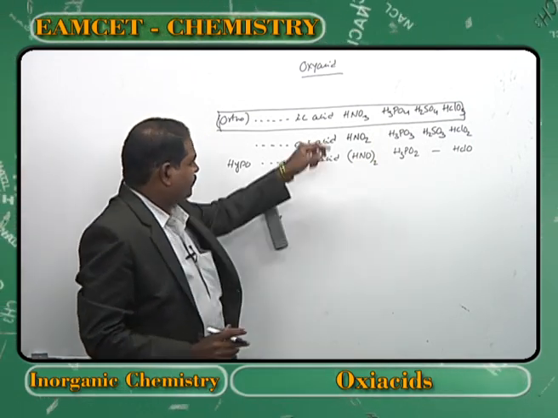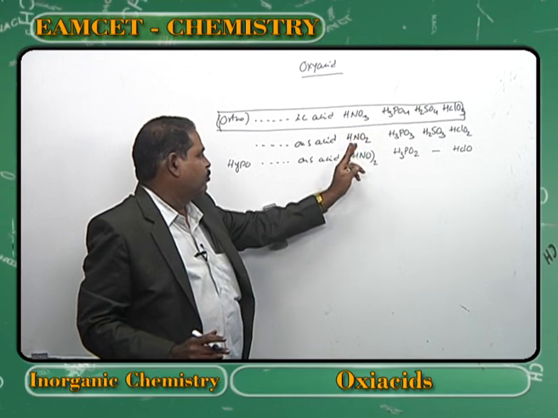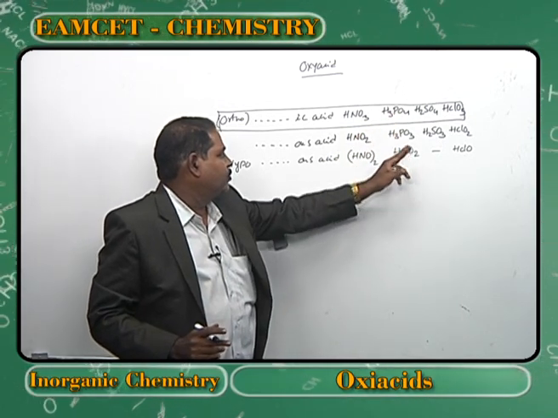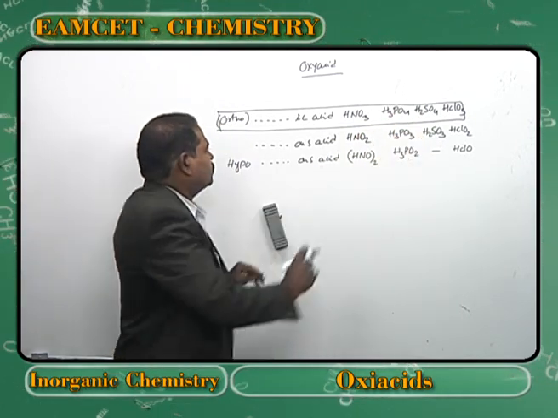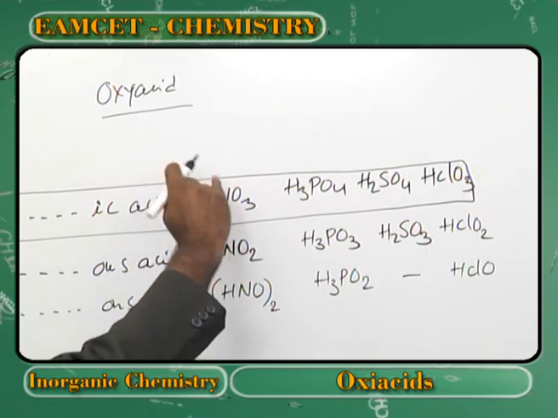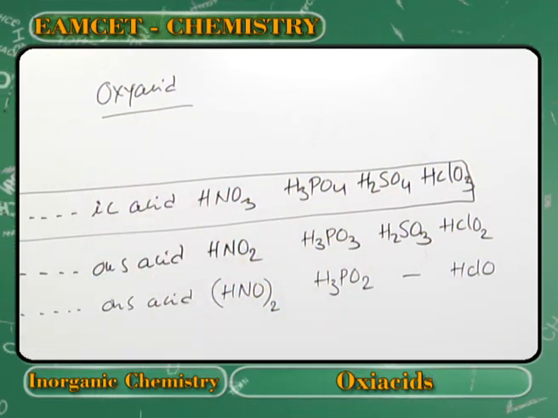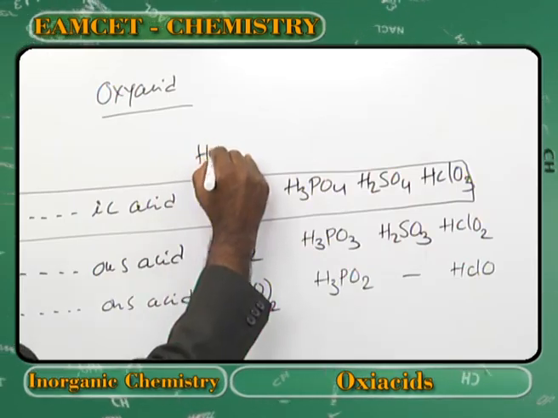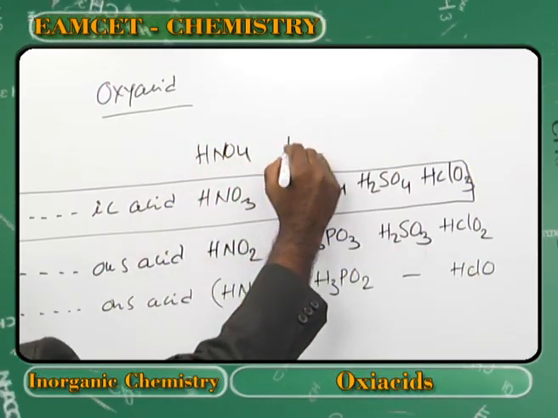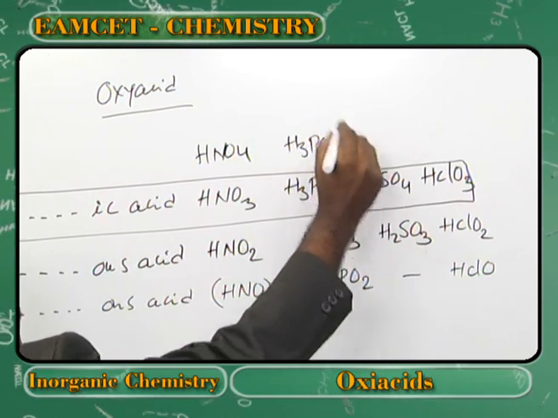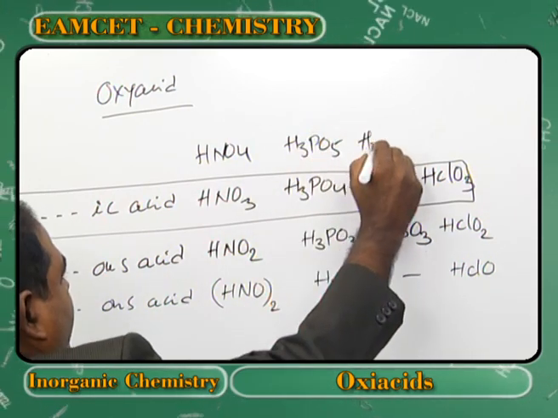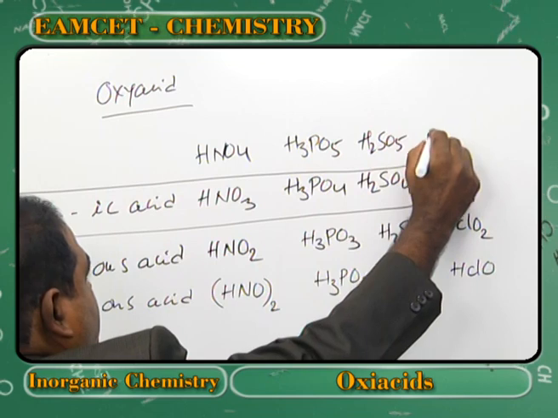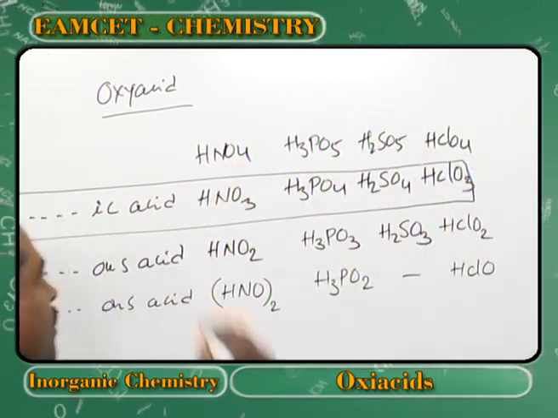And what is it we are doing mathematically? 3, 2, 1, 4, 3, 2, 4, 3 something. So what should you do? One step above, add one oxygen to get HNO4, H3PO5, H2SO5 and HClO4.